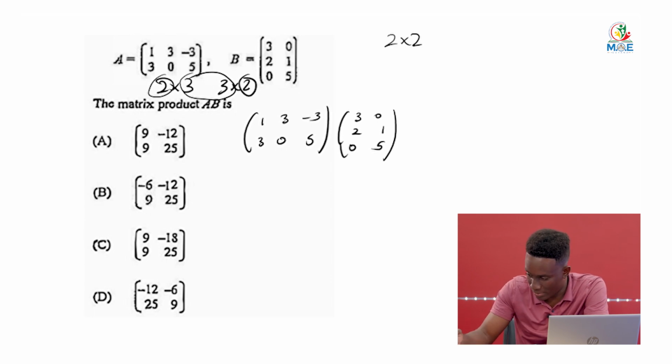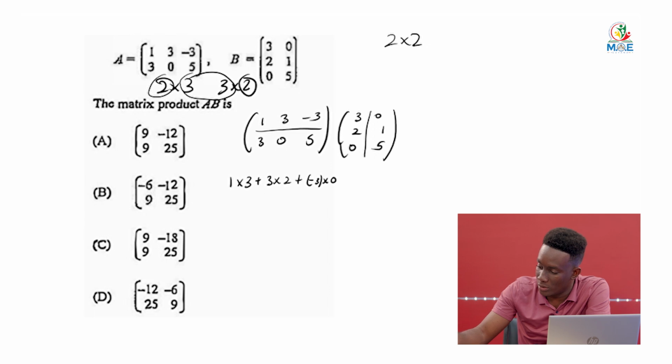So let's do row by column. So this will be 1 multiplied by 3 plus 3 multiplied by 2 plus -3 multiplied by 0.